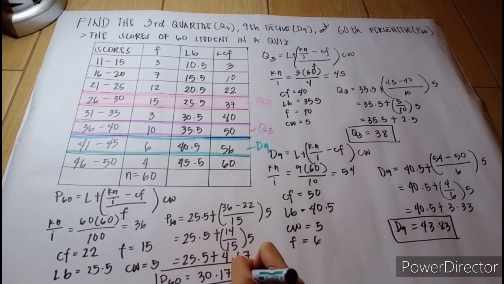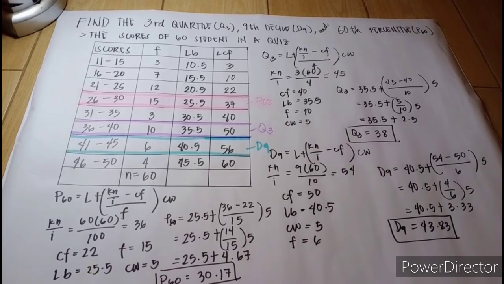Therefore, the 60th percentile is equal to 30.17.